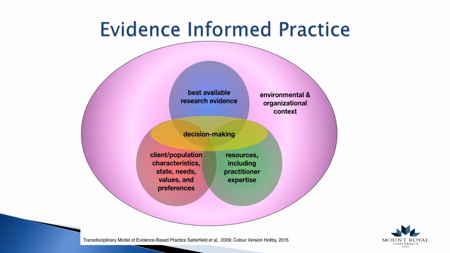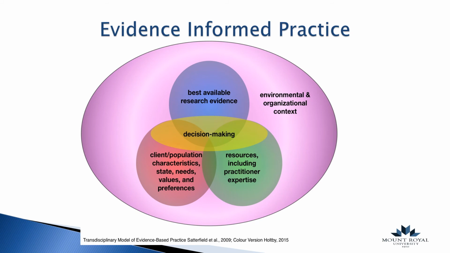But the things that we need to think about in relation to evidence-informed practice is, if we look at the blue circle, that's evidence, that's the best available research evidence, the most recent, the most valid, the most generalizable. But that alone is not something that we would make a move on. We need to consider, in the big pink circle, the environmental and organizational context.